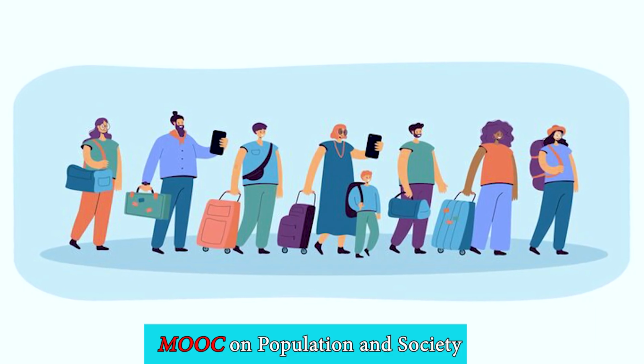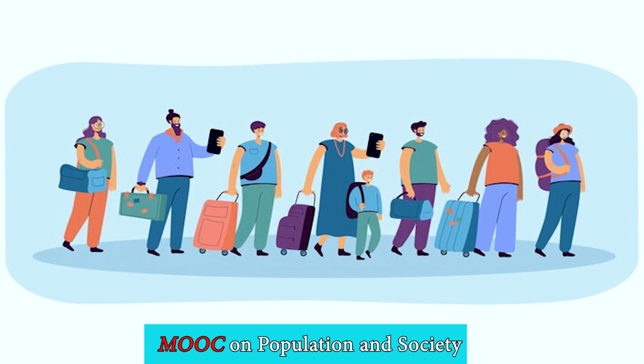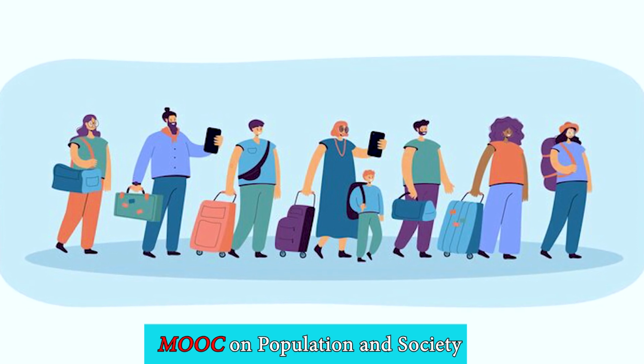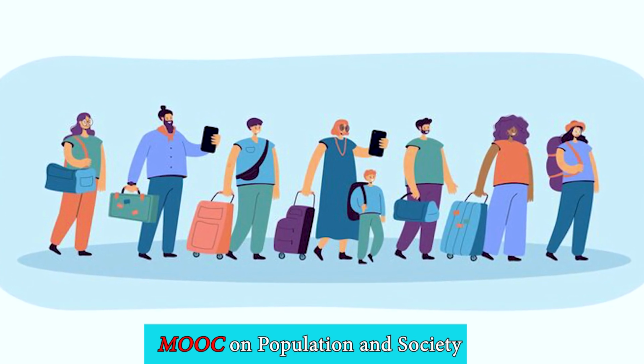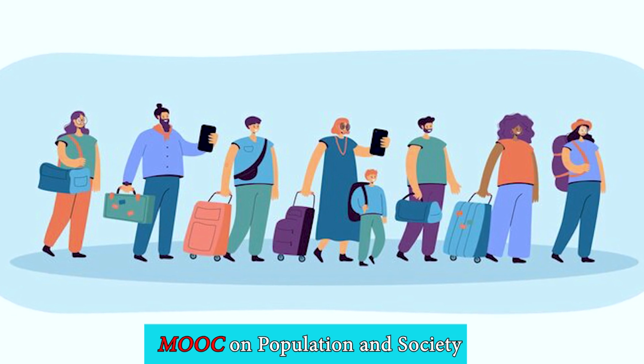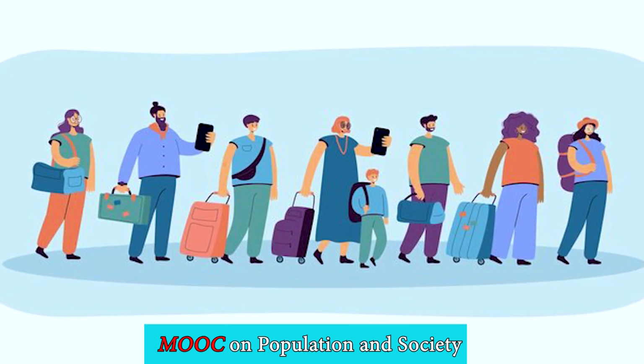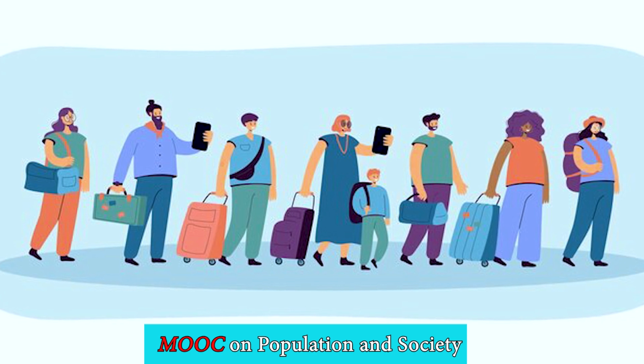The study also states that the trend of rural to urban migration is increasing day by day, which is having a negative impact on the development of both agriculture as well as urbanization.